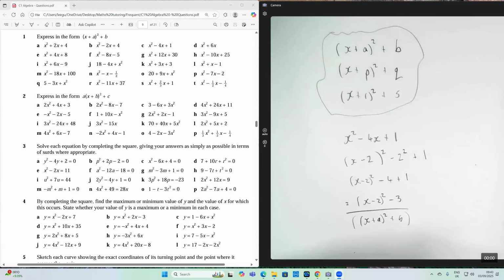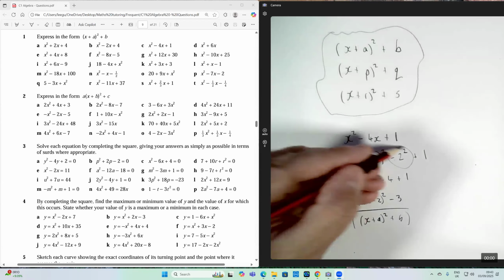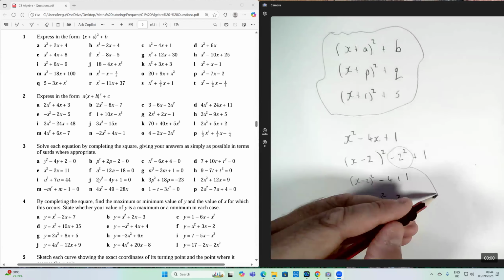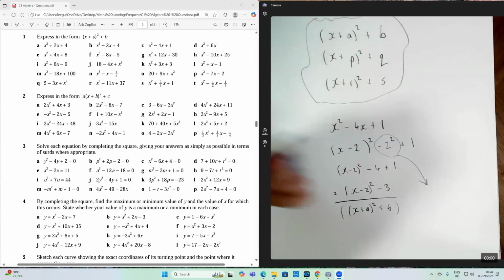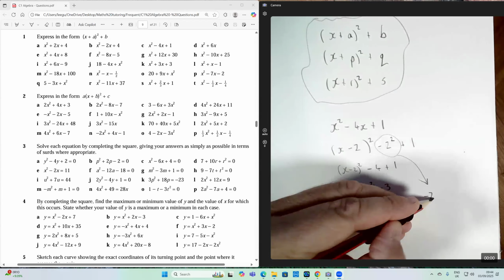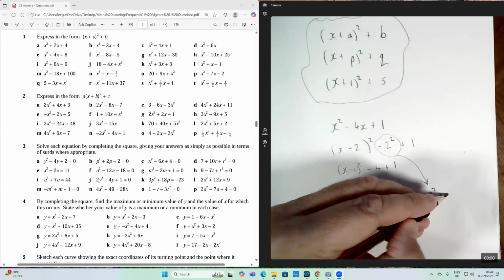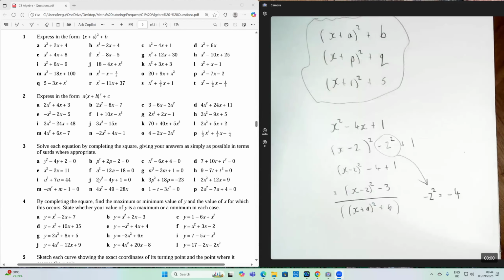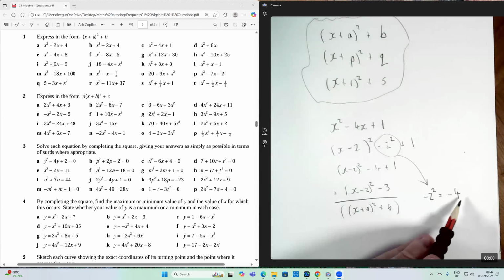Now, some important things to notice. Where do students make mistakes? This is an area where students sometimes make mistakes, this minus 2 squared. Minus 2 squared is minus 4. I think a common error here is that students think about this as being plus 4.